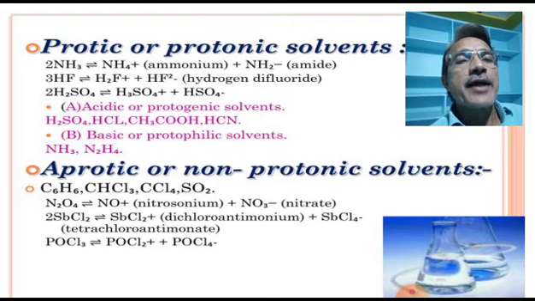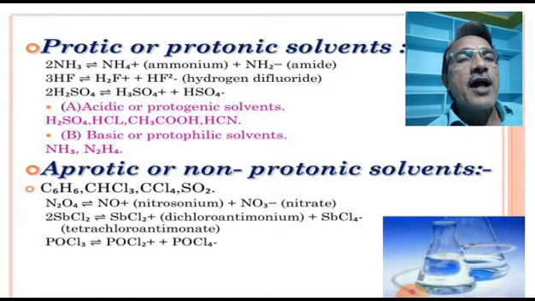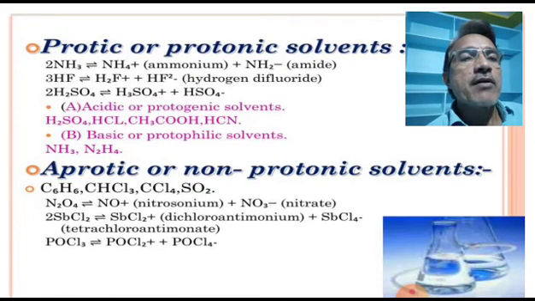N2O4, dinitrogen tetroxide, undergoes ionization producing nitrosonium ion and nitrate ion.